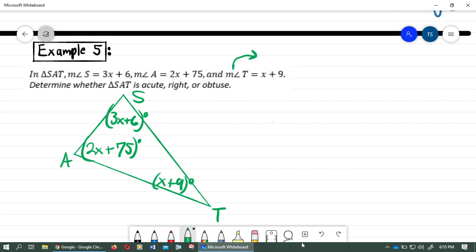Again, guys, they're giving you the angles. That looks sloppy, but it's going to have to be okay.